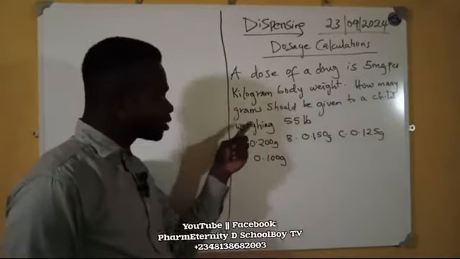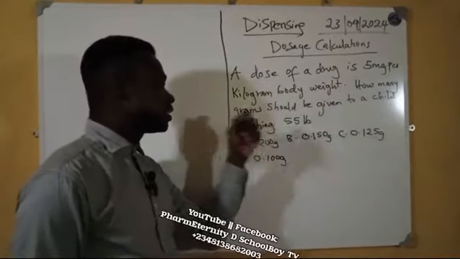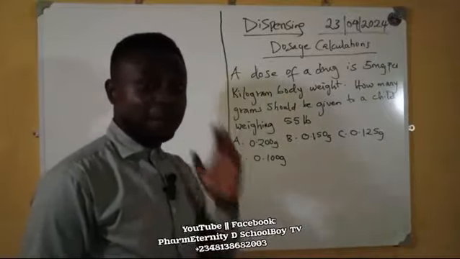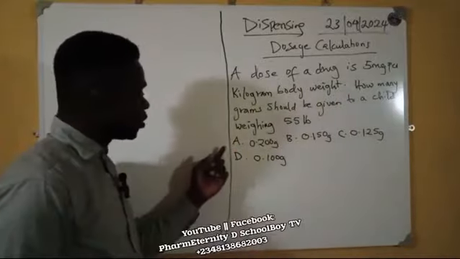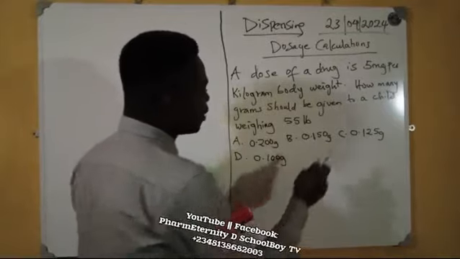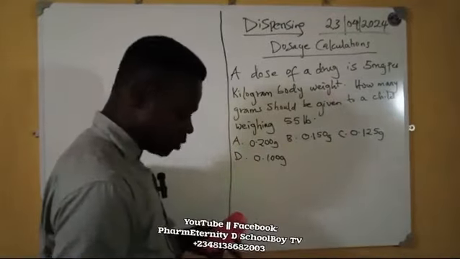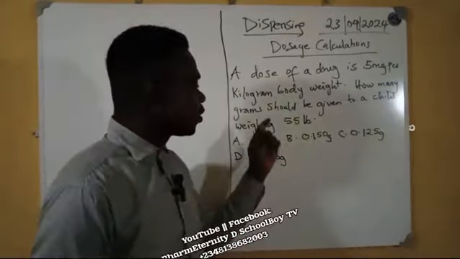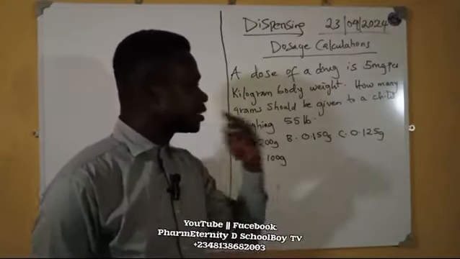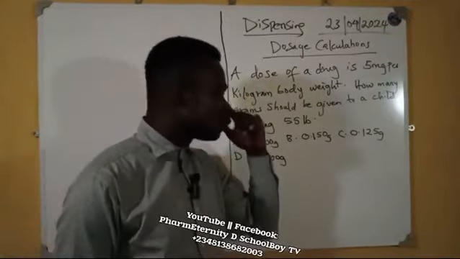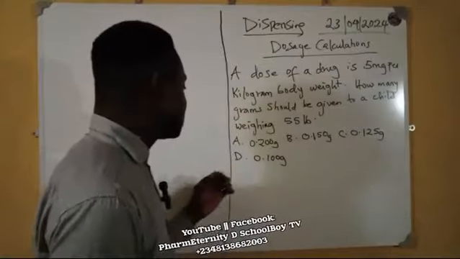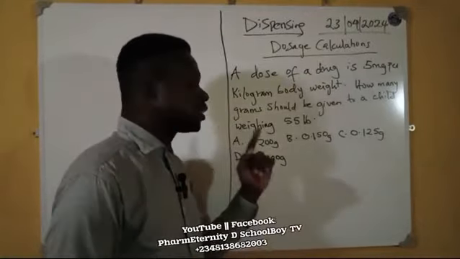How many grams should be given to a child weighing 55 pounds? Option A says 0.200 gram. Option B says 0.150 gram. Option C says 0.125 gram. Option D says 0.100 gram.